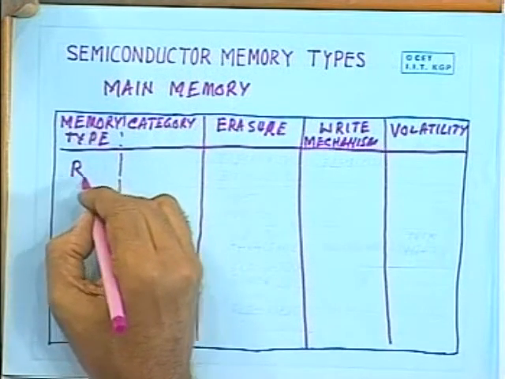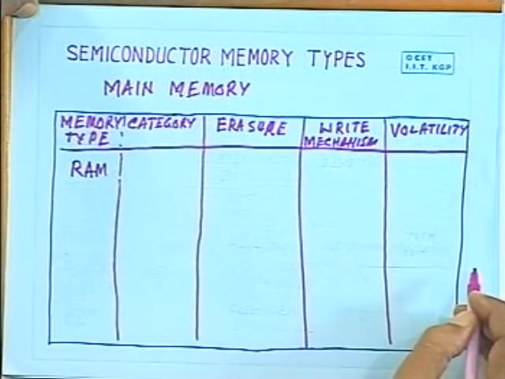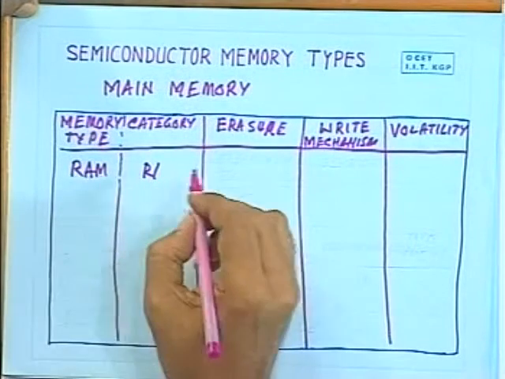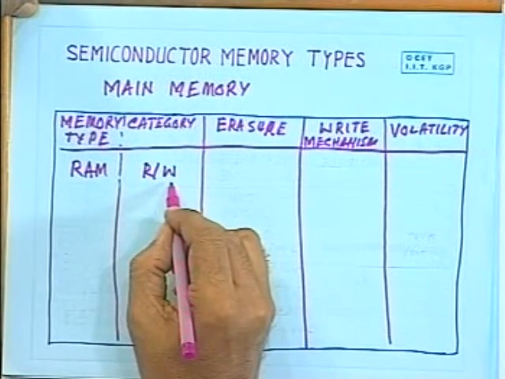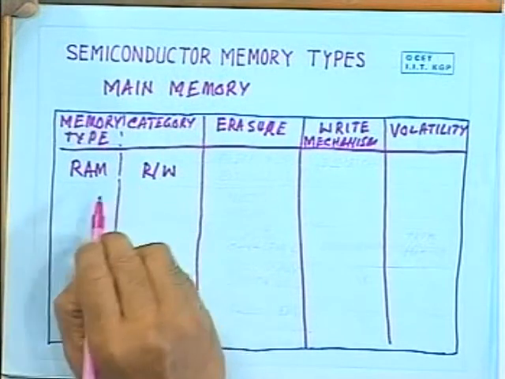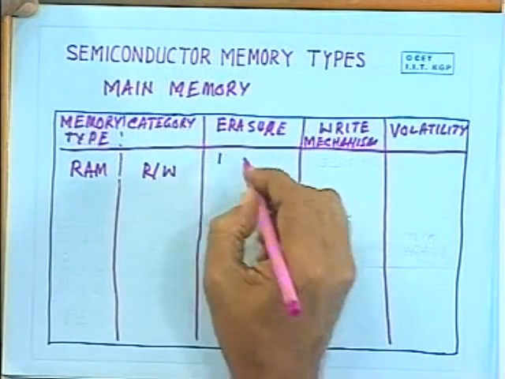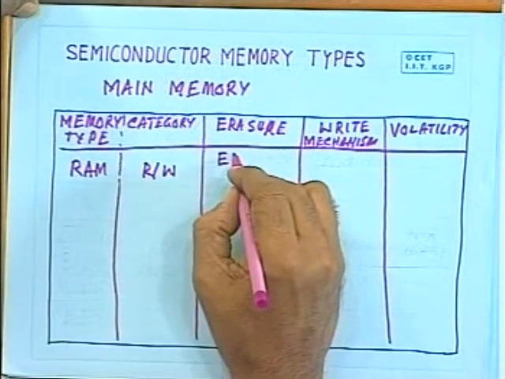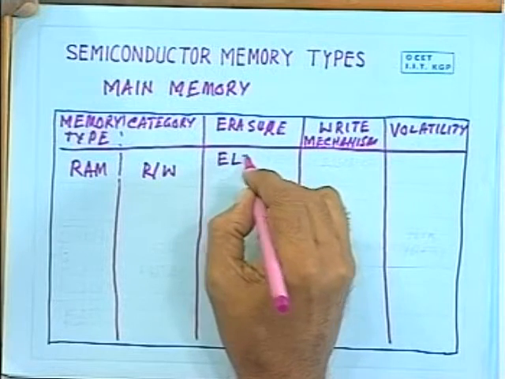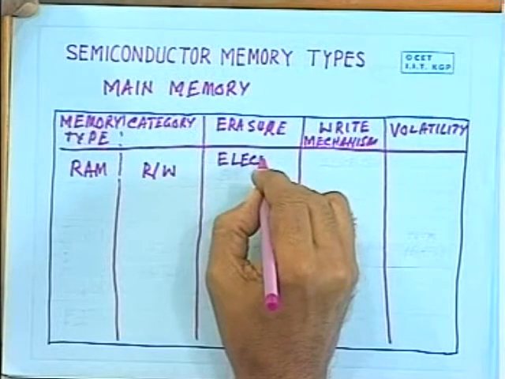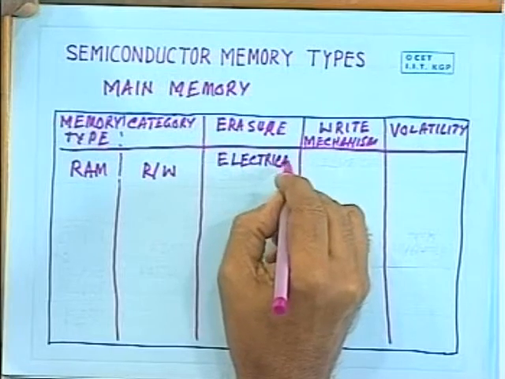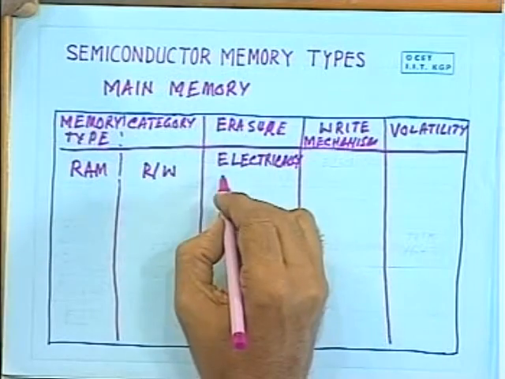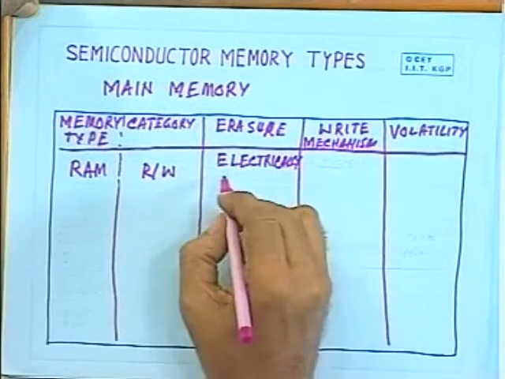First comes the RAM, random access memory. The RAM can be read-write. Random access memories are read-write type. These are fast read-write type memories, and you can perform erasure, that means writing modification, by using electrical means. You can perform erasing electrically, and the erasing can be done at byte level.